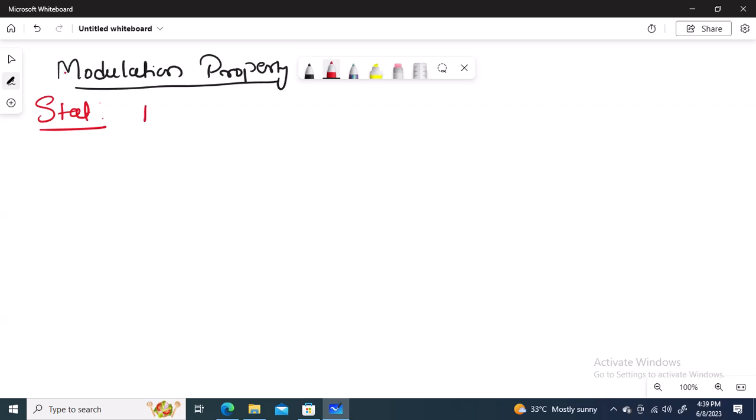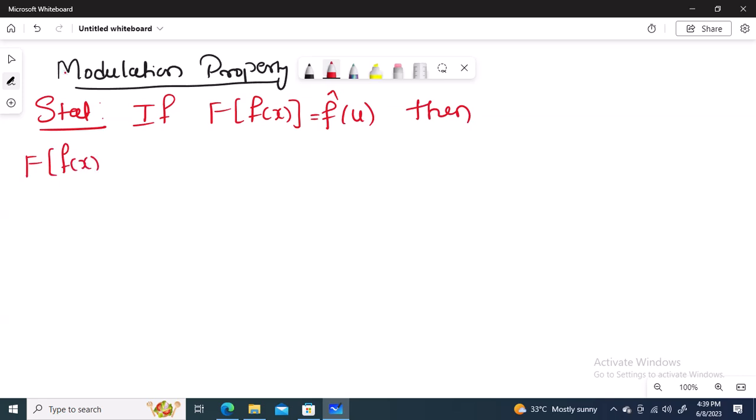What it says: if the Fourier transform of f(x) equals f cap of u, then the Fourier transform of f(x) cos ax equals 1/2 [f cap of (u + a) plus f cap of (u − a)].